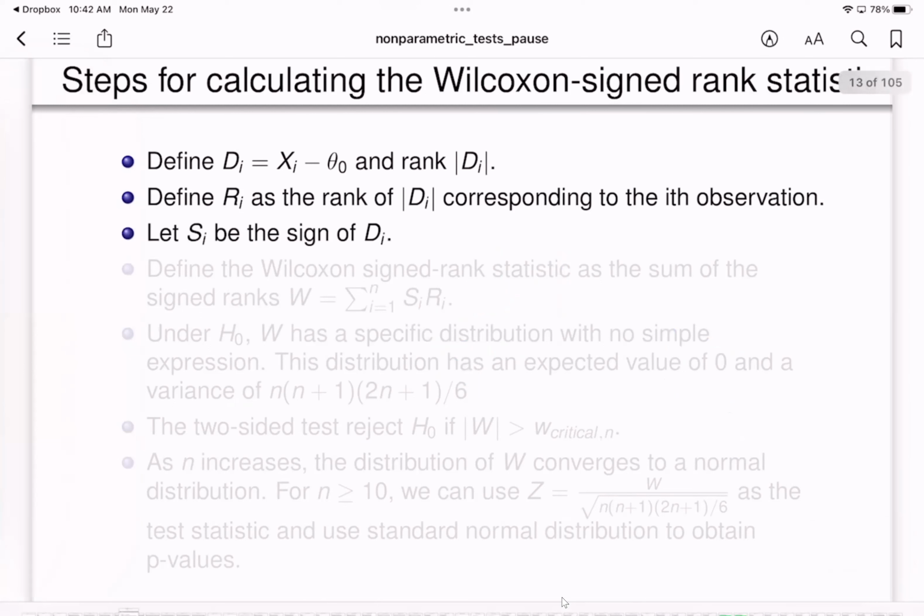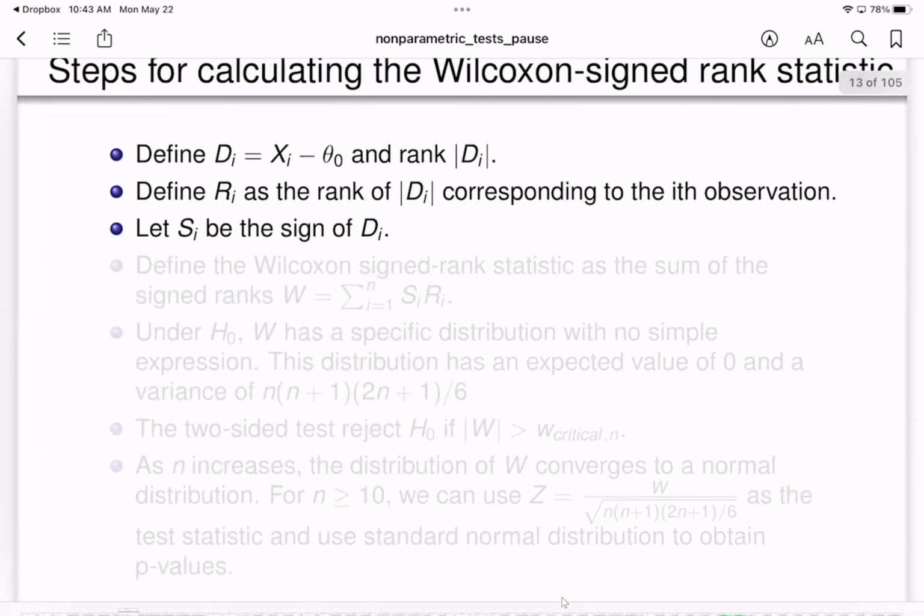Beyond the ranking, since we have values either below theta 0 or above theta 0, we will also record the sign of this distance, whether it's on the right-hand side or the left-hand side. If it's on the right-hand side, it's bigger. So if di is greater than 0, we make the sign 1. And if di is a negative value less than 0, we make si equal negative 1.